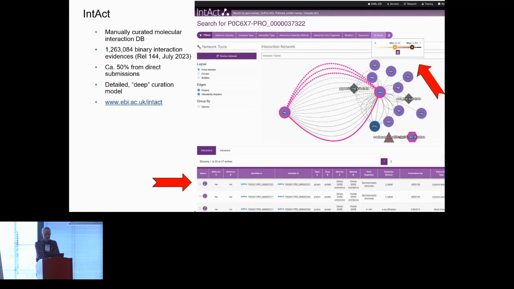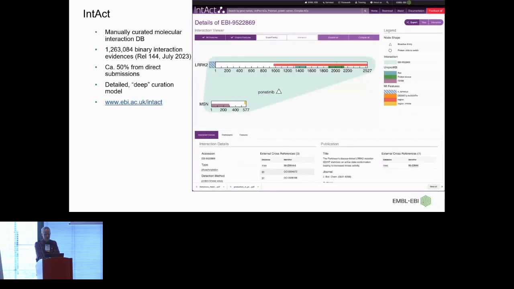You can then get even more detail if you click on the tabular representation on this sort of magnifying glass, and then you get into the detailed viewer where you see individual protein domains, where you see tags which have been added to the protein, and you see, as I mentioned earlier, potentially interacting domains linking the two proteins if that data is available.